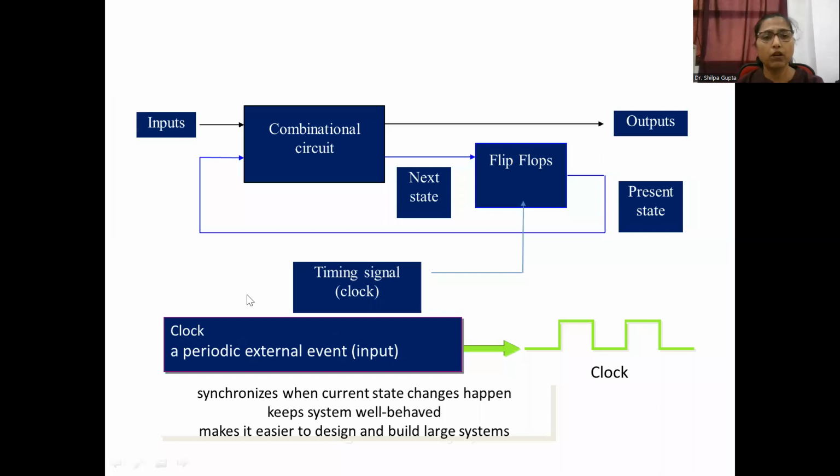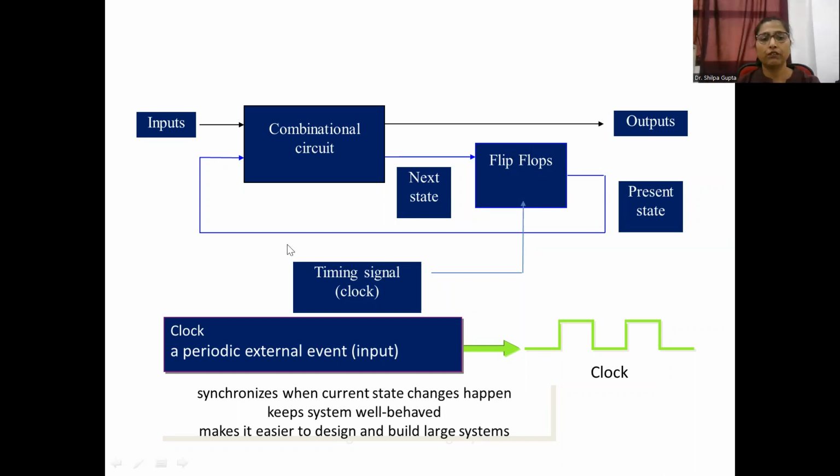Right? This is the block diagram of a sequential circuit. Here is the combinational circuit which is provided with the input. That means in a sequential circuit, you need to employ some combinations of gates on which you are putting inputs. Then those combinational circuits will provide you output, but before providing that output, the previous output is fed back to the input terminal through the flip-flop, because as we have already discussed, the previous output would be stored in the flip-flop or latches, right?